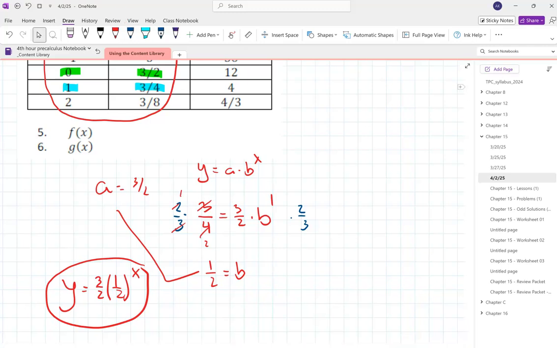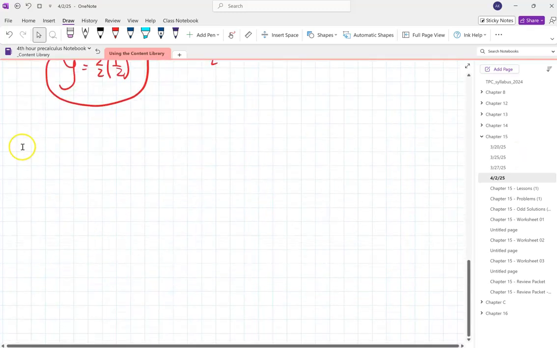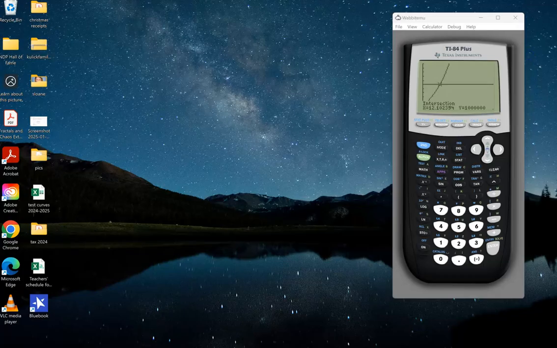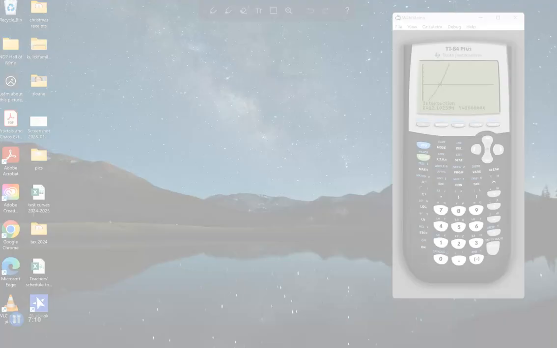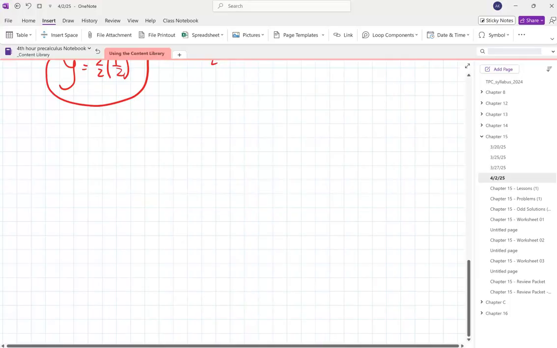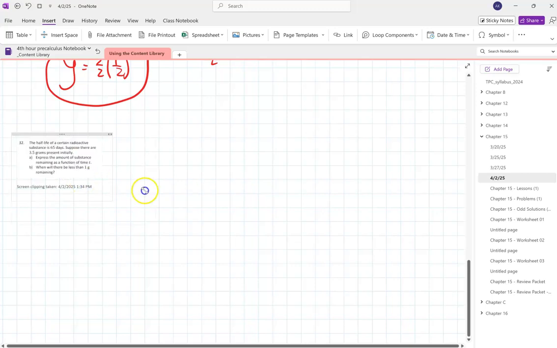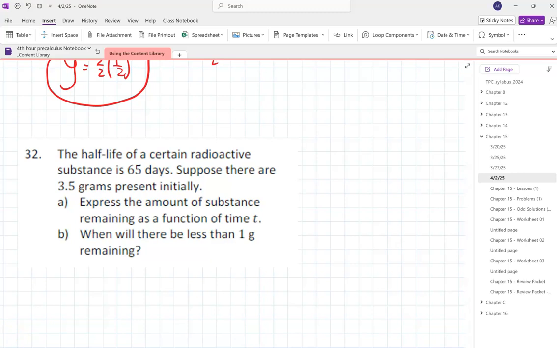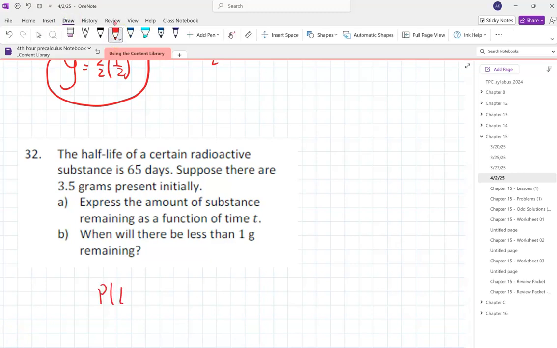32? So this is a half-life problem. Remember, to do a half-life problem, we're still going to use this population model.